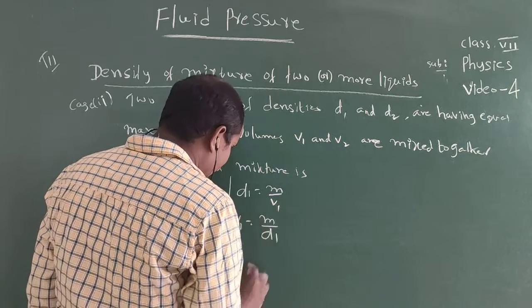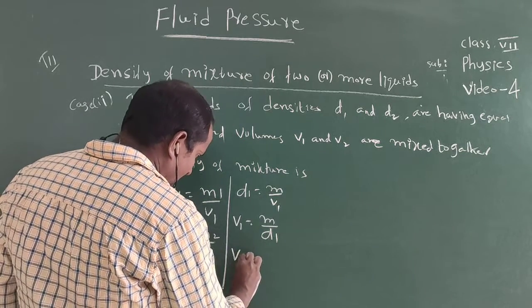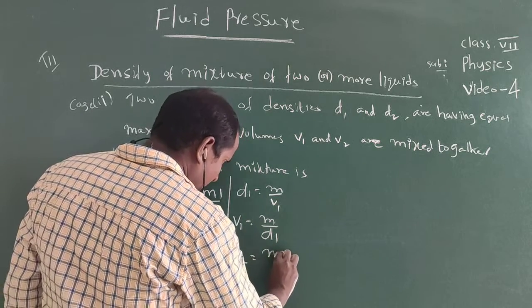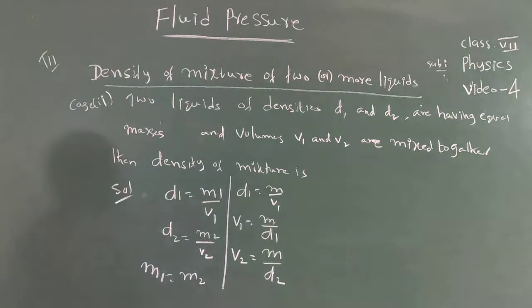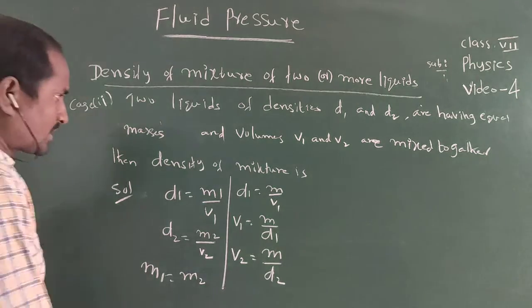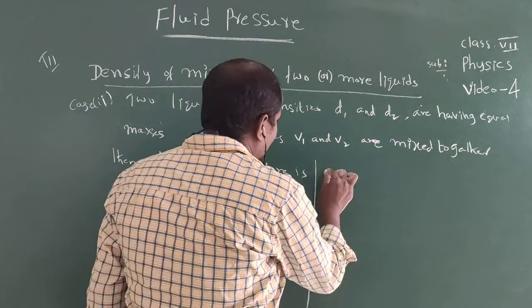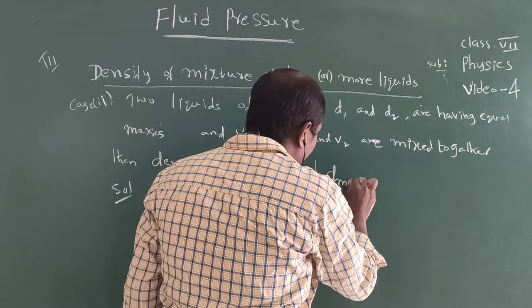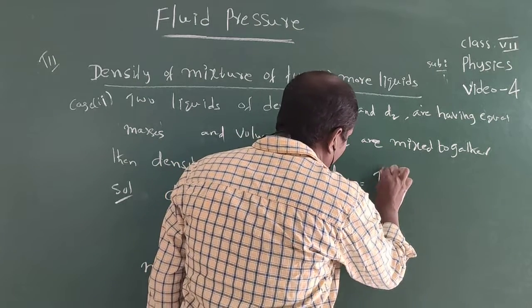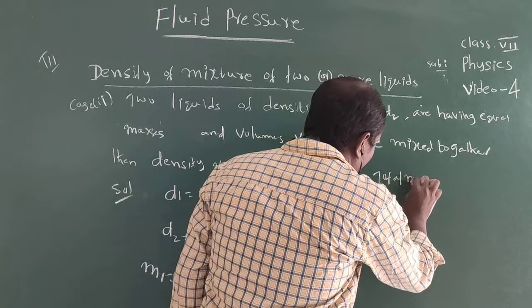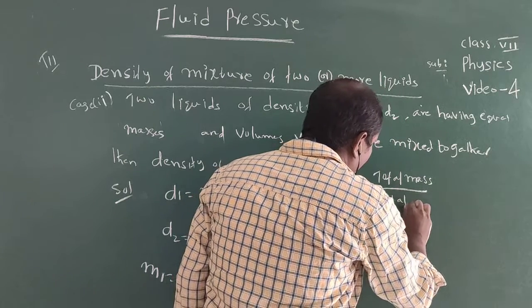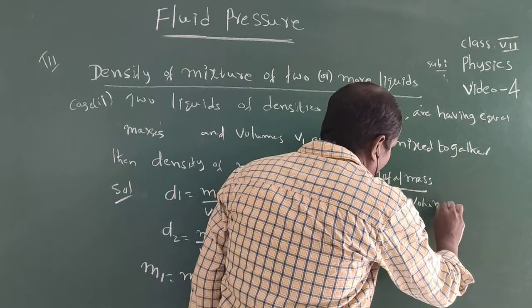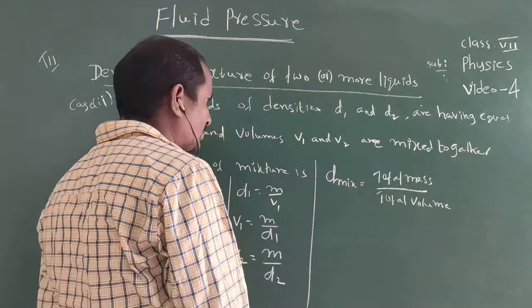At the same time, v2 equal to m by d2. Okay, but here density of the mixture is equal to the total mass by total volume.